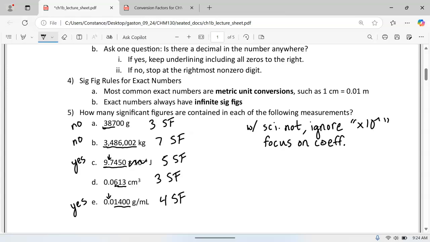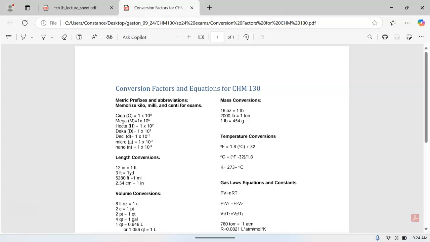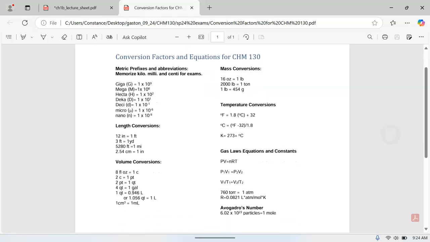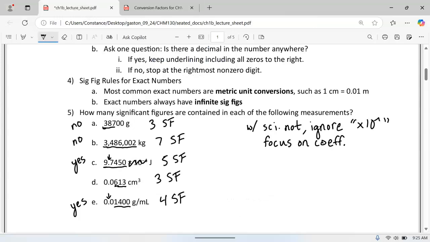So when you look at your conversion factor sheet and that is given to you on exams or something similar to this, all of these conversion factors that we see listed, we're going to assume that all of those numbers are what we call exact numbers, which means that they will not contribute to the number of sig figs for our answers in our calculations. Okay, so exact numbers always have infinite sig figs.